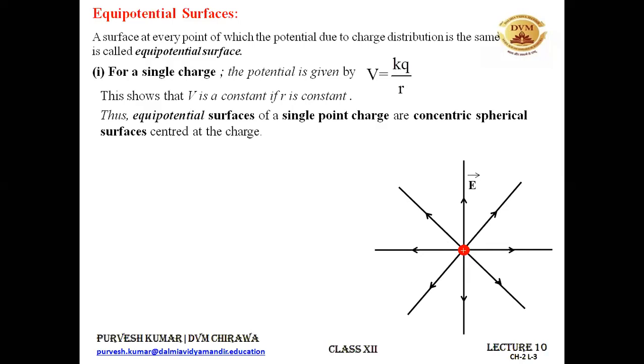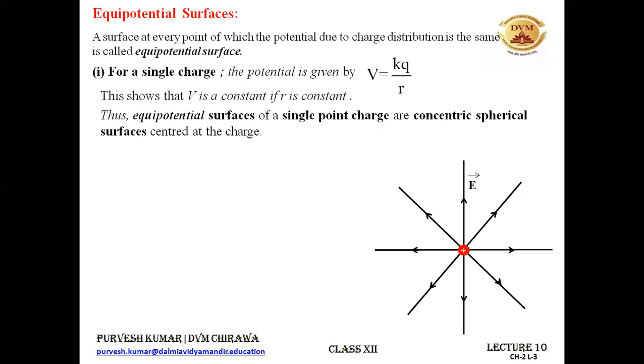Now, to find the equipotential surface, first we need to find the potential. So the potential at a distance R is KQ by R. At R distance, here also it is KQ upon R, here also it is KQ upon R. On every point which is at a distance R from this plus charge, the potential will be the same.